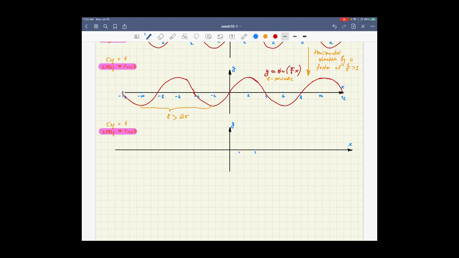Then 5. What is that? That's 5 times 5 quarters. That's 25 quarters. That's 6 plus a quarter. Slightly above 6.